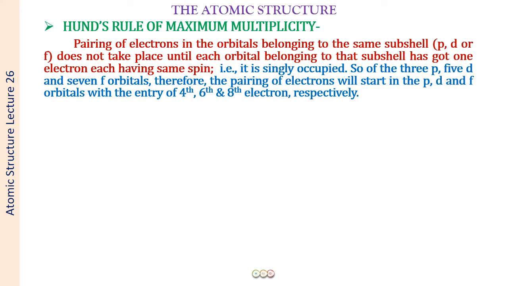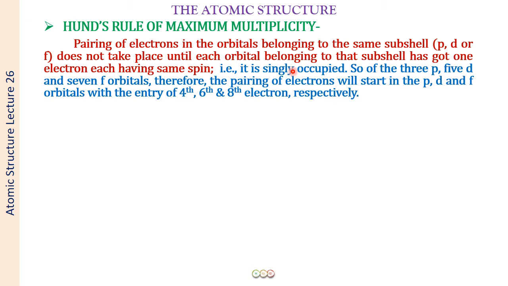This rule says that the pairing of electrons in the orbitals belonging to the same subshell, that is p, d or f, does not take place until each orbital belonging to that subshell has got 1 electron each having the same spin. What does this mean? That each orbital in the same subshell should be singly occupied first, and the single electrons should have the same spin, and the pairing is going to start after that.